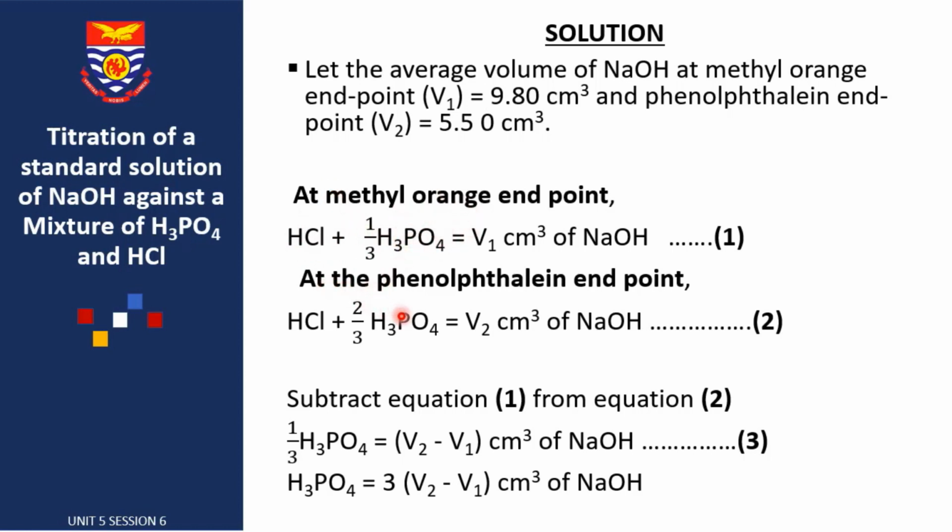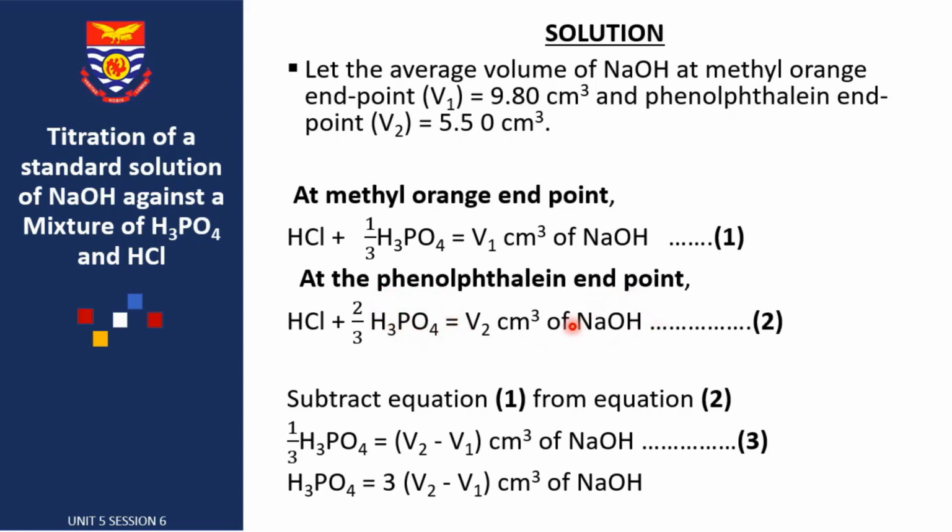This is a discontinuous method, and so in the second titration, we will still have the whole of the hydrochloric acid present, unlike the continuous method, where once it is consumed at the first phase, it does not appear again. So here it is present, and at the start we will also have the whole of the phosphoric acid present, but in the course of the reaction, 2/3 of it is neutralized.